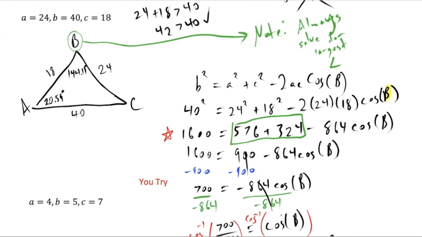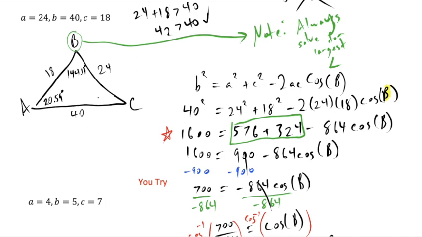So I'm going to come back over here and put that in that triangle. A good check here is to make sure that the opposite sides and their angles make sense. So the largest side is also the largest angle. The second largest side is the second largest angle. The smallest side is the smallest angle. That makes sense.